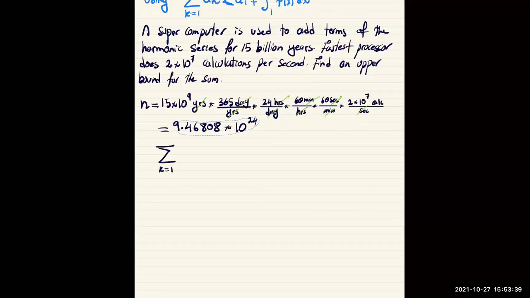Let me highlight that. So that's how many terms you'll be adding, terms of 1 over k. Your first term will be 1, then 1/2 plus 1/3 plus dot dot dot plus 1 over 9.46808 times 10 to the 24.